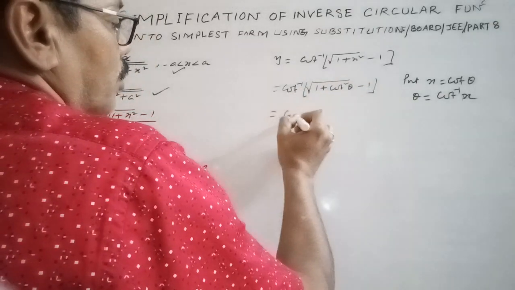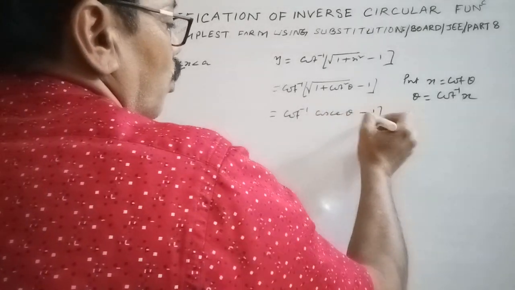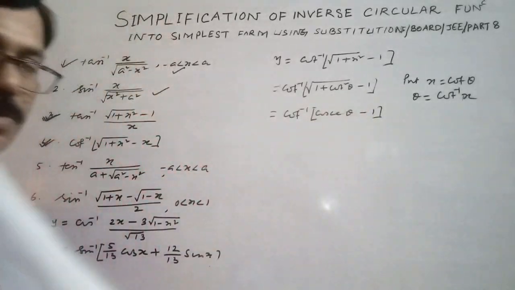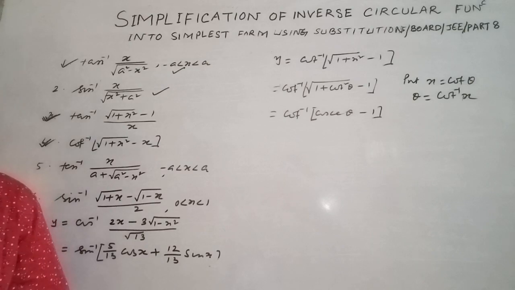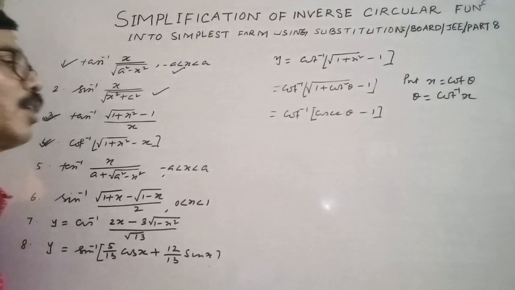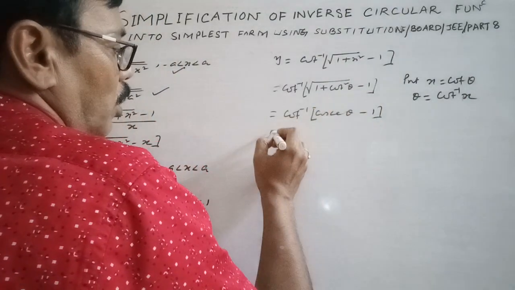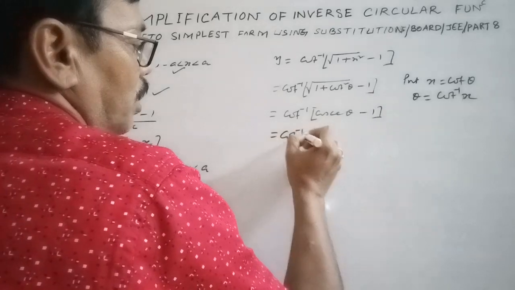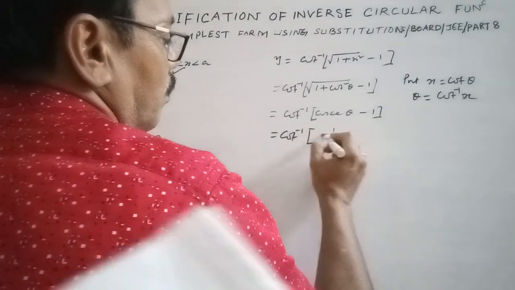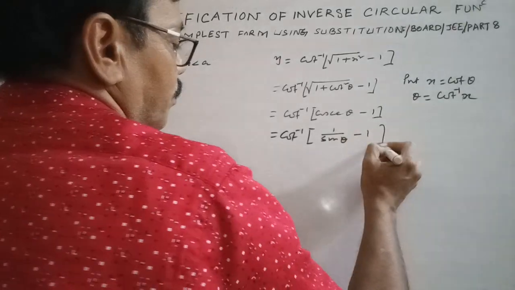So cot inverse of cosec theta minus 1. So this is our first aim, to remove the root. Now the second aim is to try to express this argument in terms of cot. So cot inverse of 1 by sin theta minus 1.